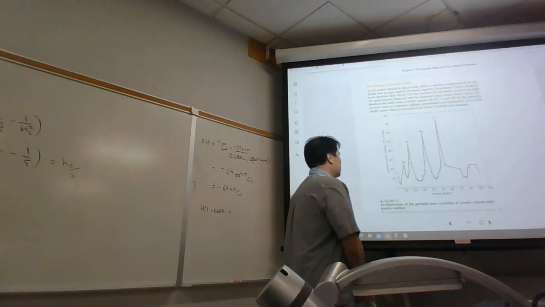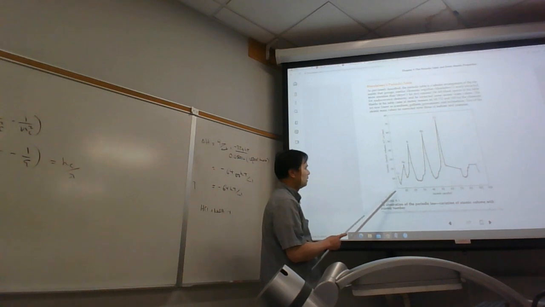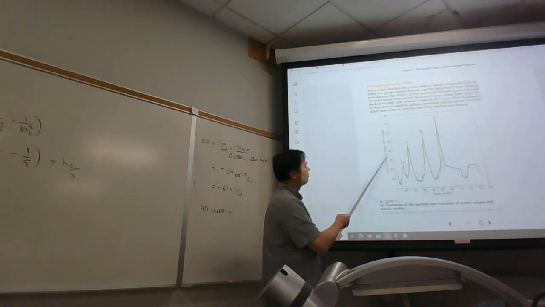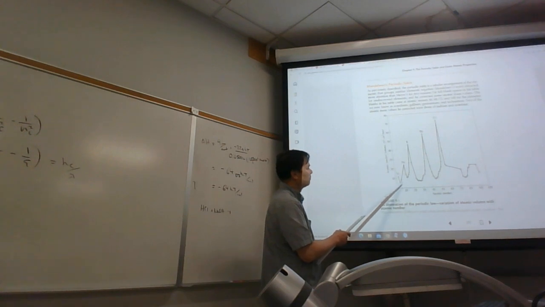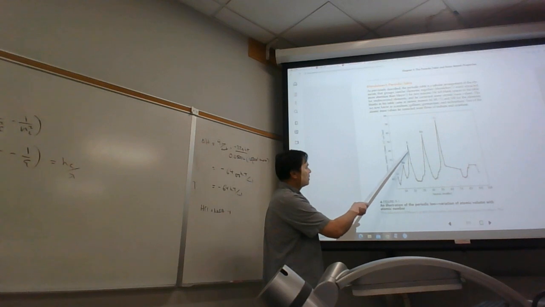So when we arrange things in the periodic table, we'll see different periods. Here, this is atomic volume. Atomic volume or molar volume: a mole of atoms has what volume here. And so we see this. Do you see this periodic pattern here?